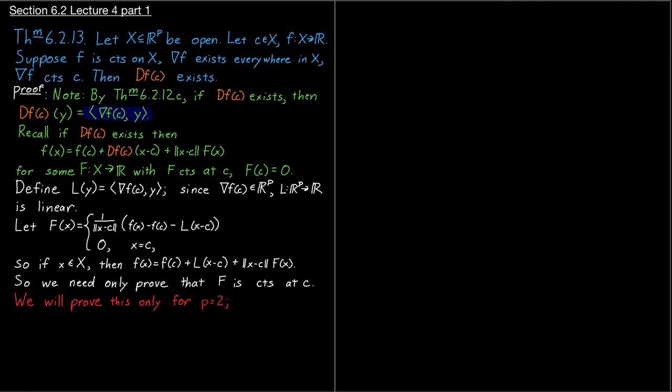And you should be able to get the idea of why it's true, how it would work in 3 or 4 or p dimensions. It's just that the notation is kind of terrible in more than 2 dimensions.